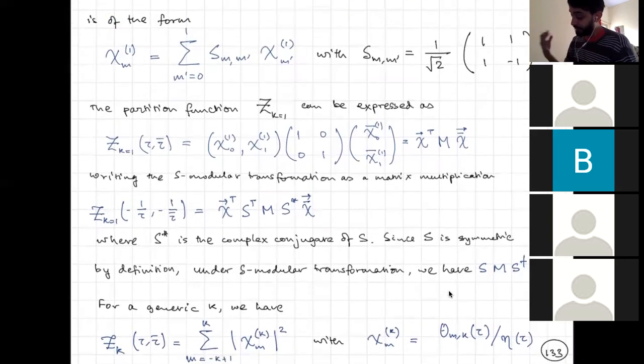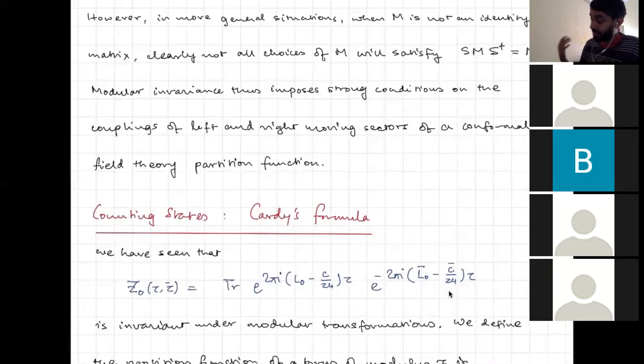But for a more generic case, this actually gives you a way to put things together such that this particular identity will have to go through.